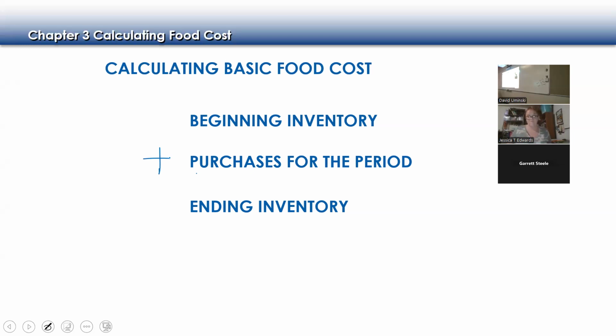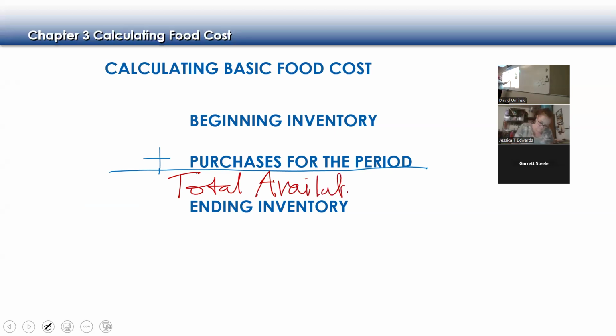We're gonna add our purchases for the period, and that equals our total available inventory. Okay, total available inventory.